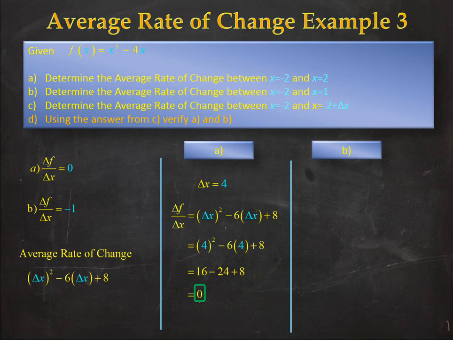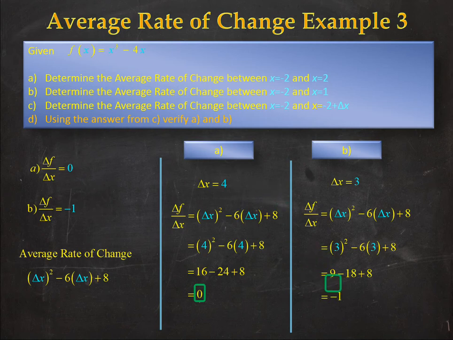Likewise, let's look at B. Now we're dealing from minus 2 to 1. Well, that is a distance of 3, so delta x is 3. There's my expression. I'll substitute 3 in for delta x. Again, some house cleaning, and lo and behold, I get the same answer that I got with the previous method.